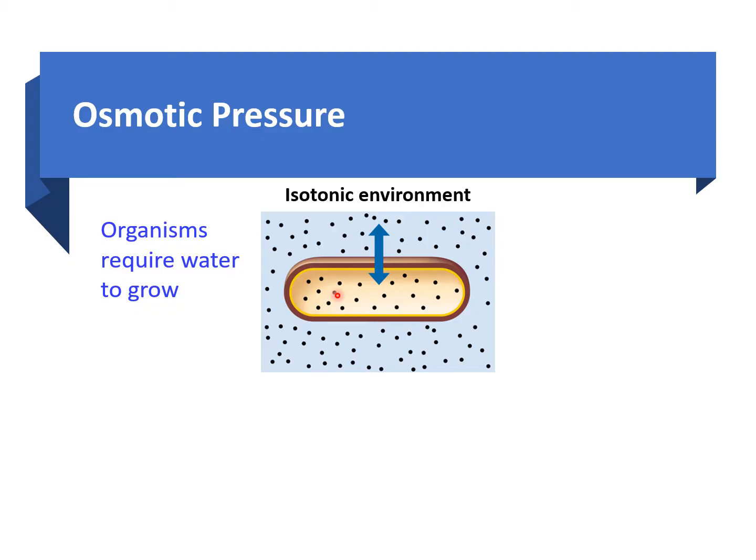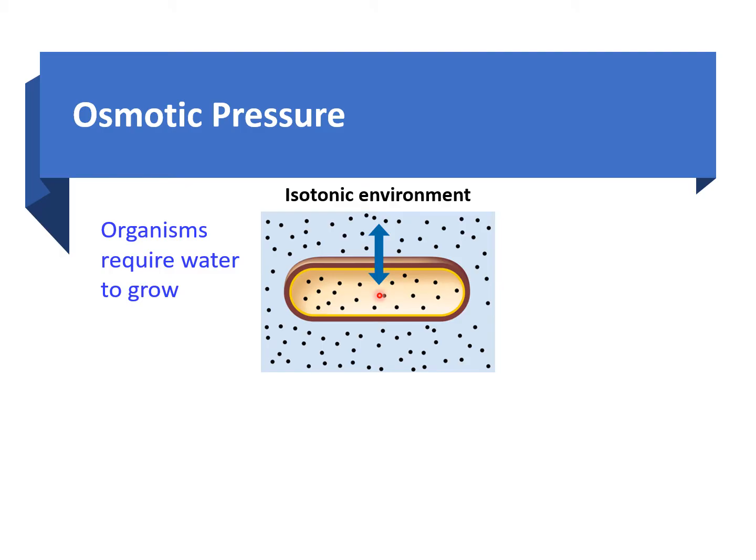Yes. You might ask, why would the water move since the amount of water inside and outside is exactly equal? Water still likes to move, but do you see how the arrow, it's going in and out? So the water is actually going to move into and out of the cell at an equal rate.